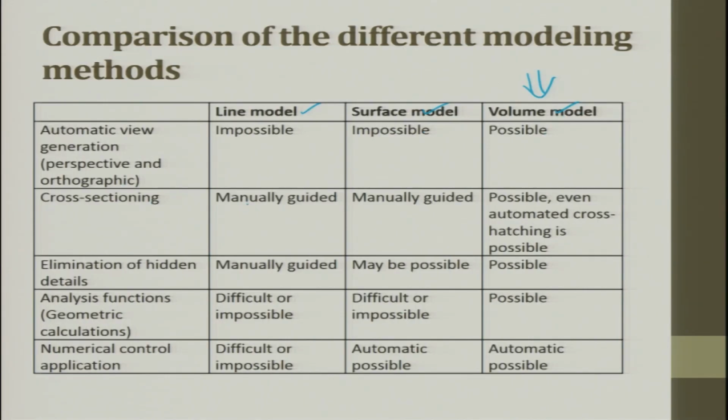Cross section can be manually guided, surface also manually guided, but in volume even automated cross hatching is possible. Elimination of hidden details is manually guided in the others, but in volume it is definitely possible. Analysis functions are difficult for line and surface, but possible for volume. Numerical control applications are difficult or impossible for the others, but automatically possible for volume. So, what we need for RP, rapid manufacturing and additive manufacturing, is the volume model.